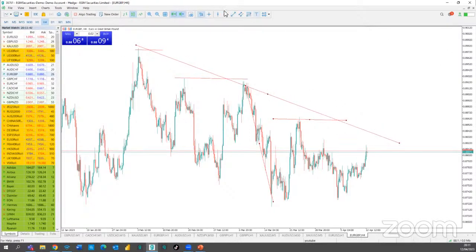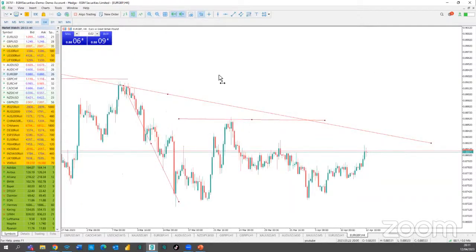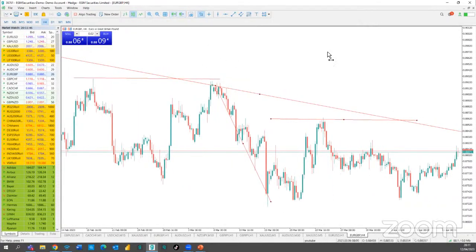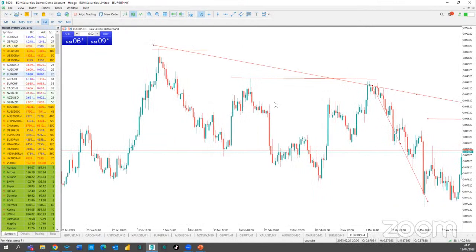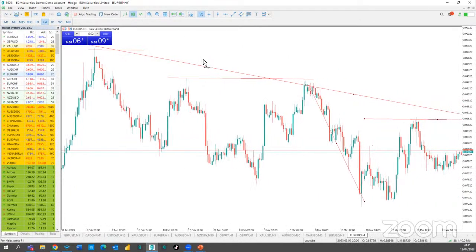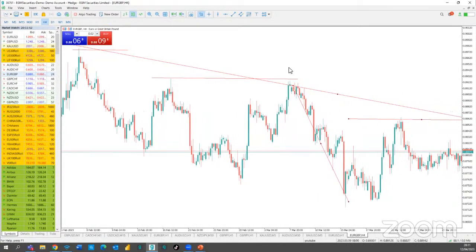So let's say, for example, we are at this part here. We identify that the price is confirming a downward trend with the market structure. On the downside, you will see that the price is breaking the lows, creating new lows, right? Break of structure, another break of structure here, and the next we have a break of structure here.